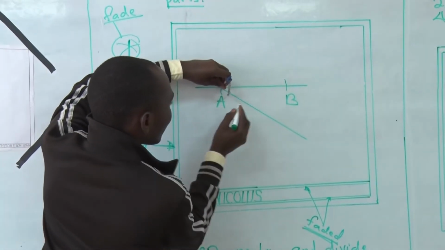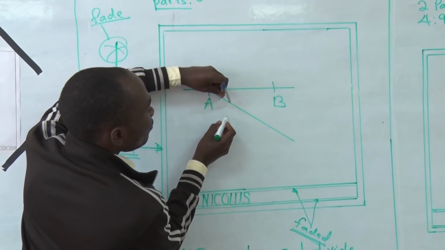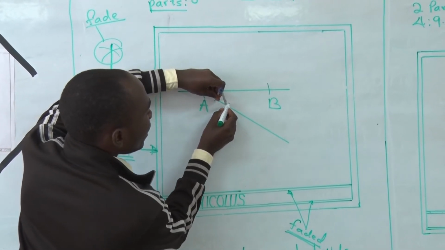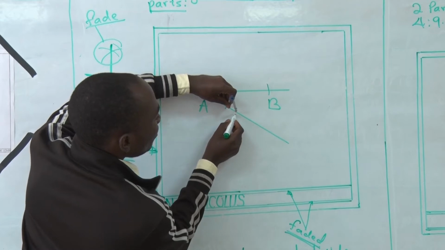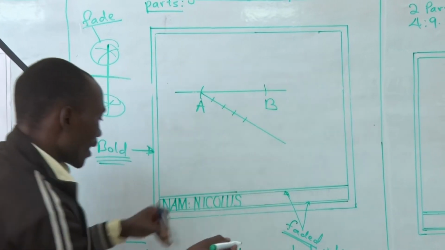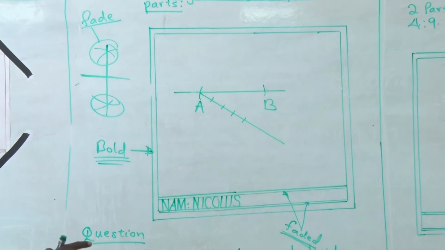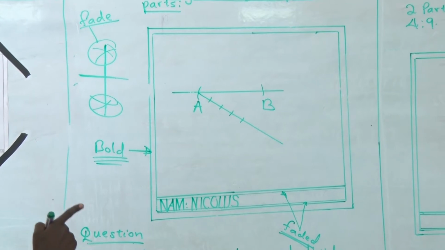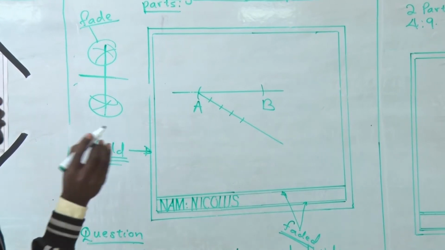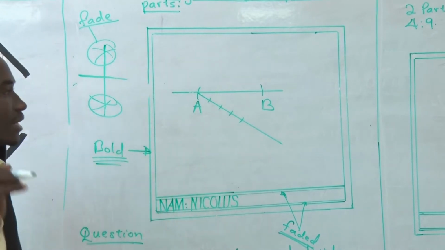You will make an arc. You stand where you have made that particular arc and make another arc. Stand again there, make another arc. You have been told to divide your line into 7 equal parts, so you should ensure that these arcs you are making are 7 in number.